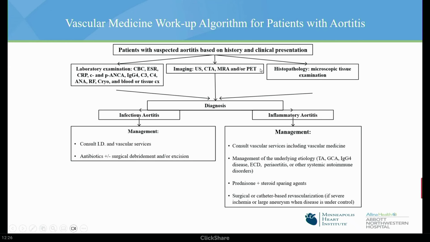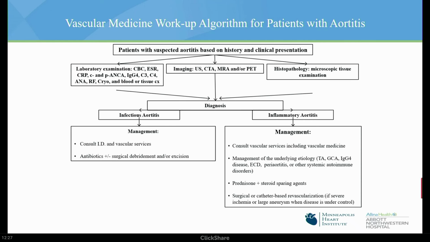We also look at imaging: ultrasound, which we try to do more often with GCA, as we talked about, CT angio, MRA, PET scan, and then we funnel the diagnosis to either infectious aortitis or inflammatory aortitis. For inflammatory aortitis, we try to have these patients referred to us.